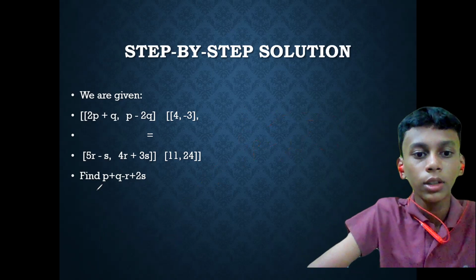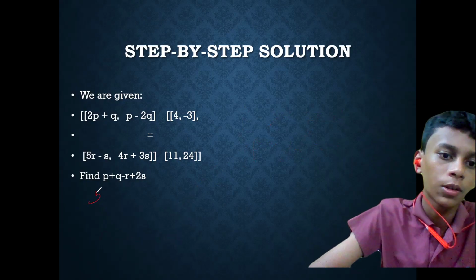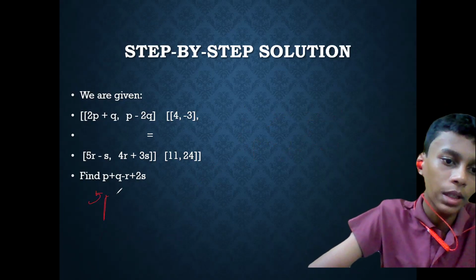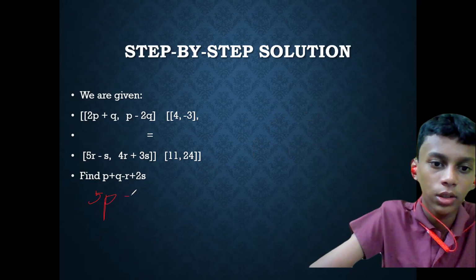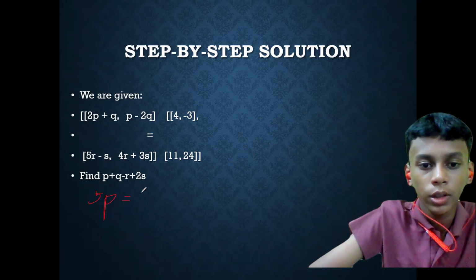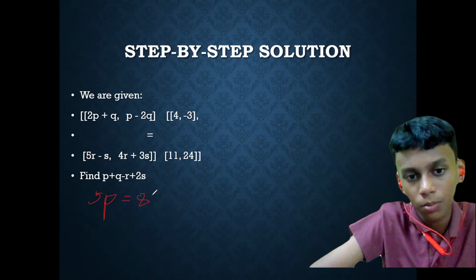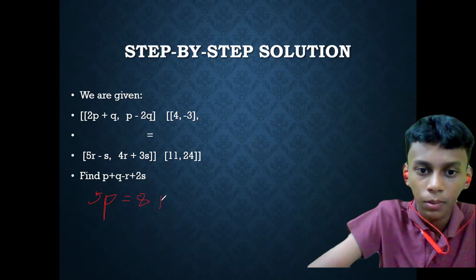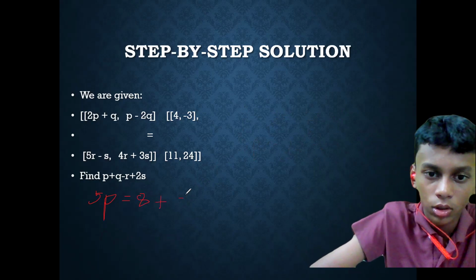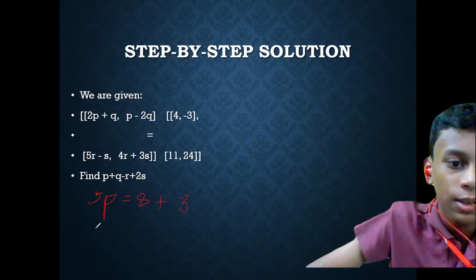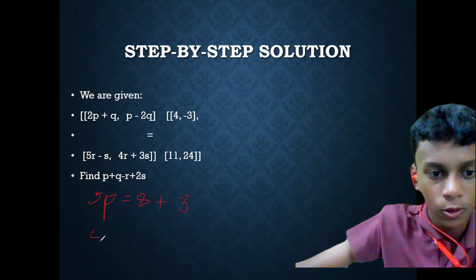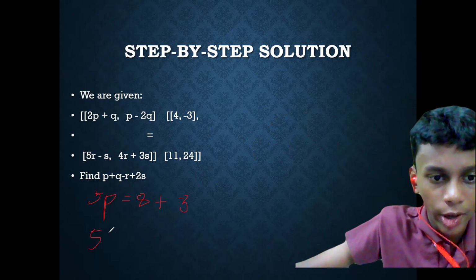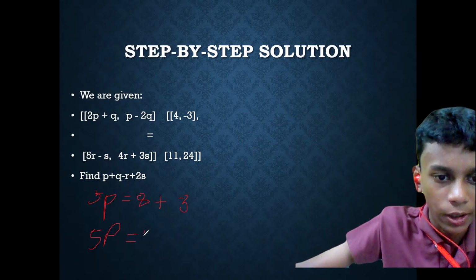So we got 5p is equal to 8 plus minus 3. So what we get here is 5p is equal to 5.